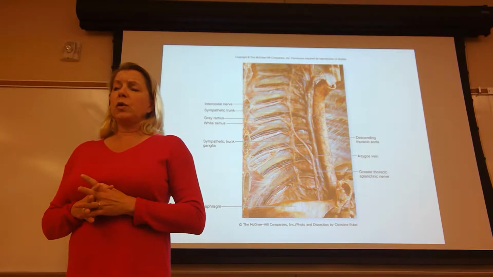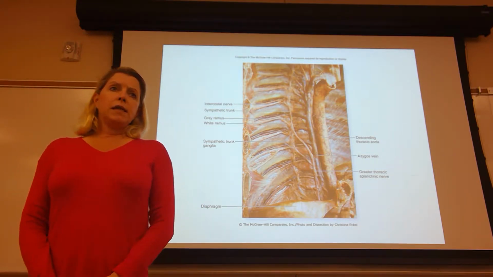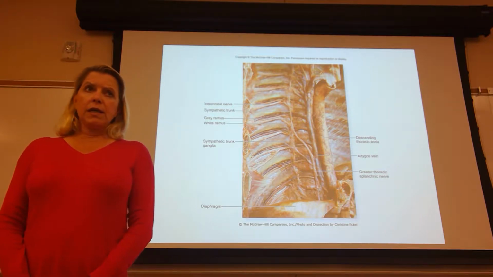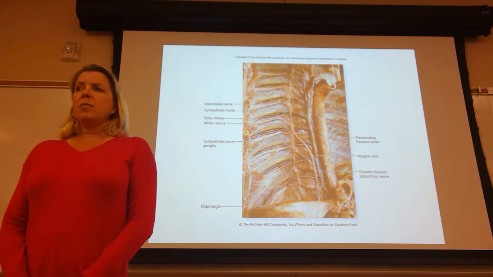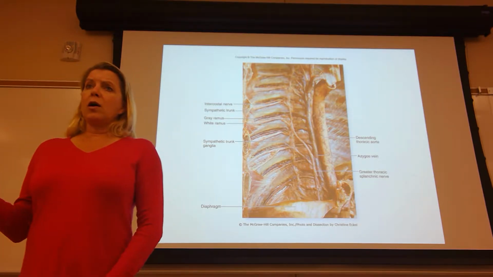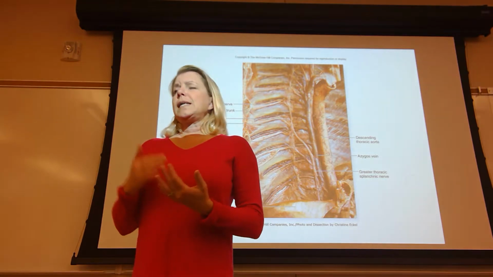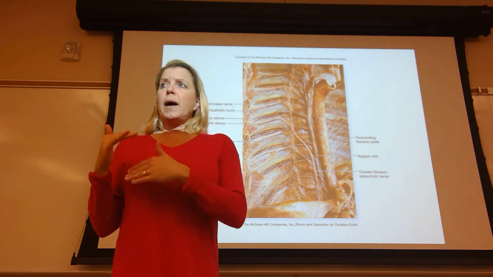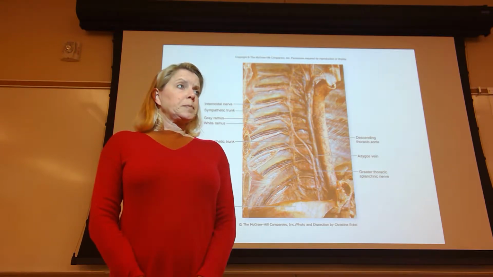And last week I told you they are found in the wall of the involuntary effector. Specifically, I said, as an example, if you think about the heart, there's the epicardium, myocardium, and endocardium. In between the epicardium and the myocardium, you would find the terminal ganglia.